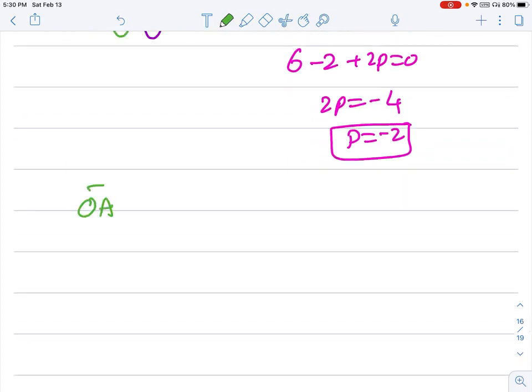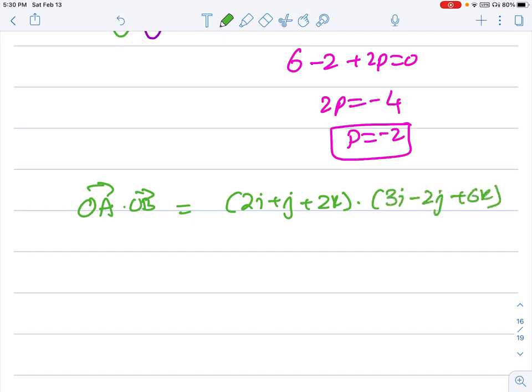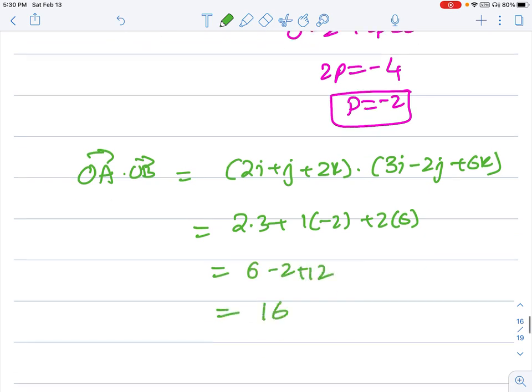So first I find OA dot OB. OA was 2i plus j plus 2k, dot OB is 3i minus 2j plus 6k. Because p is 6, it becomes 2 times 3 plus 1 times minus 2 plus 2 times 6. This becomes 6 minus 2 plus 12, which is 16.